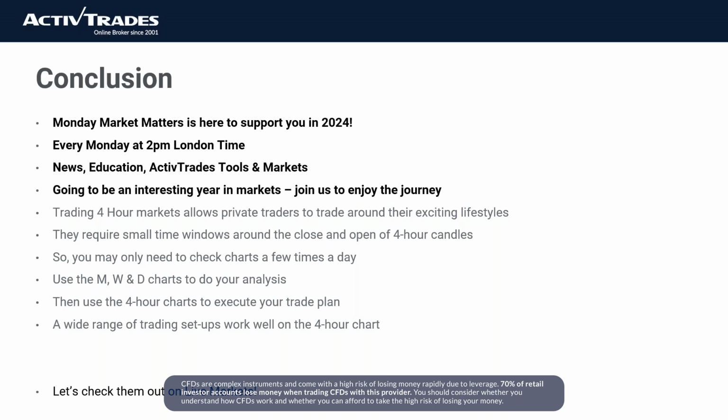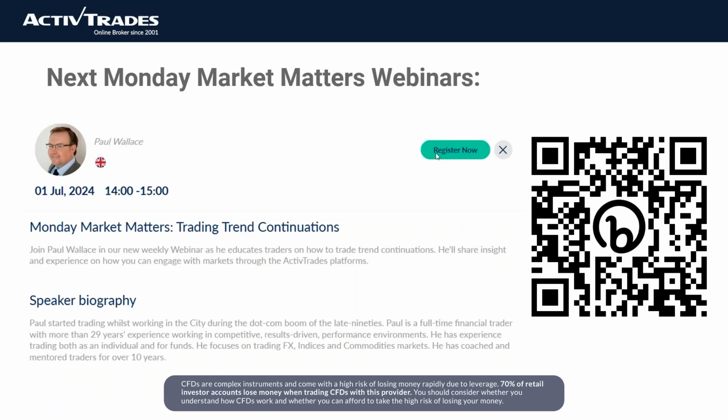And there are a wide range of trading setups that work well on the 4-hour chart. Today is a big picture overlay, but in the future we'll do attacking trends, and we'll do mean reversions as well in the 4-hour chart, and we'll do a piece on indices and commodities as well. So keep an eye out for those in future sessions.